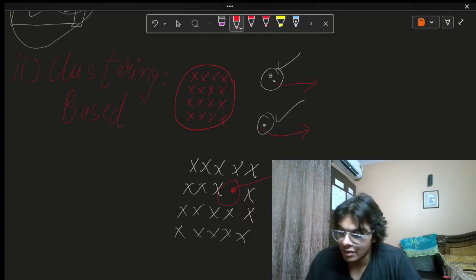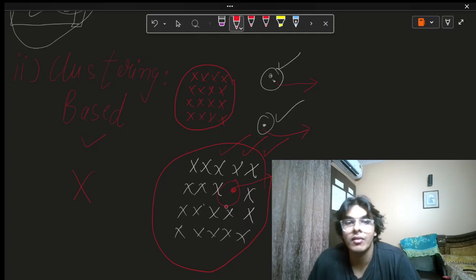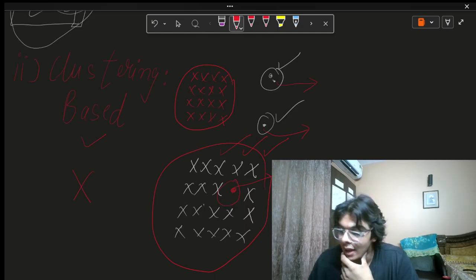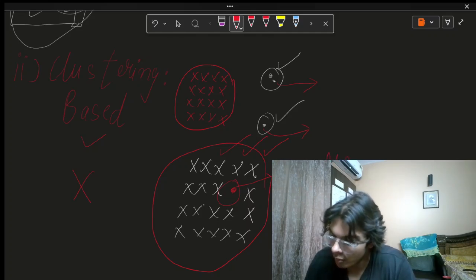Now in this case, the clustering based approach is likely to fail because it will say that this is a cluster, and the majority of the points in this cluster are normal points. This is normal, this is normal, this is normal. All of the points except one are normal points. So it will assume that this red point, which is actually an anomaly, is also a normal point.